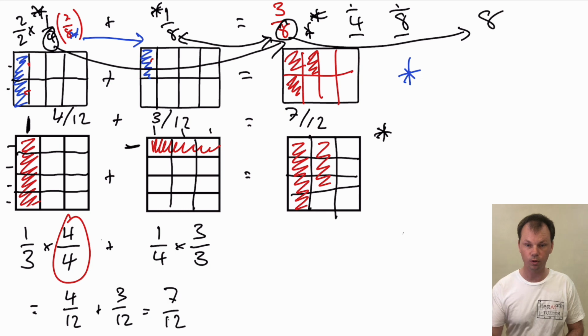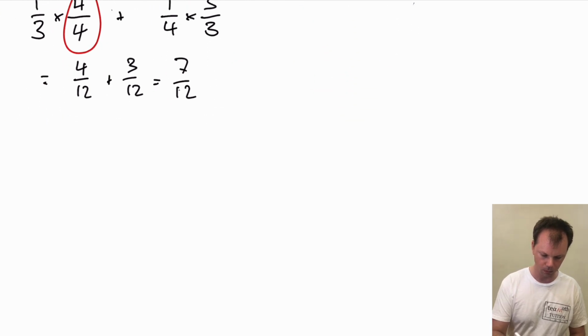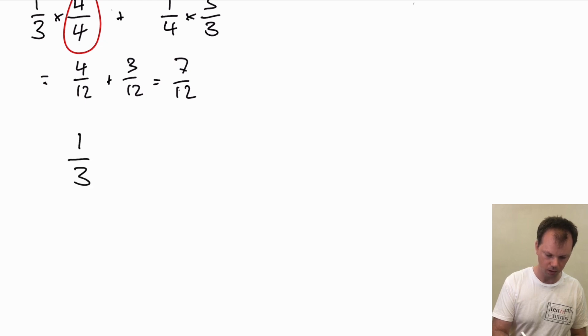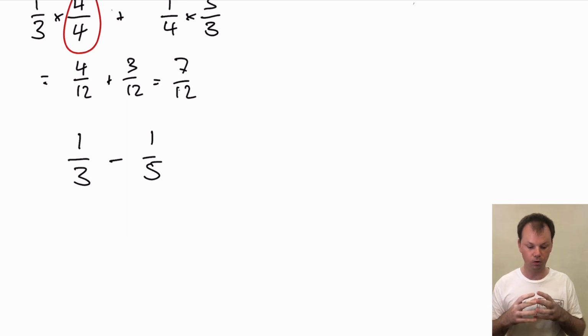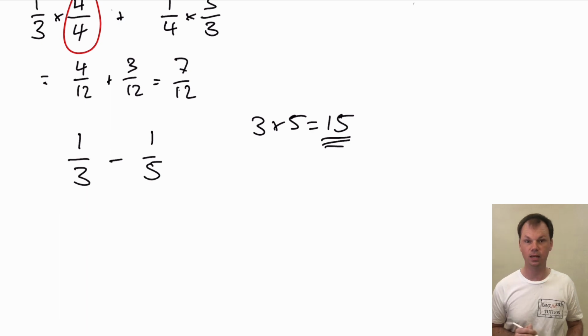I'll go through one more problem with subtraction. So let's do 1 on 3 minus 1 on 5. So here, if I'm looking for a number that's got 3 and 5 as factors, we just do 3 times 5 equals 15. And I want both denominators to be equal to 15.